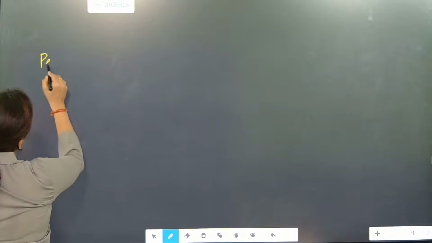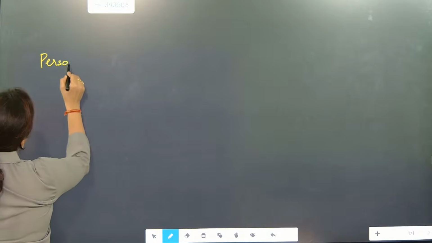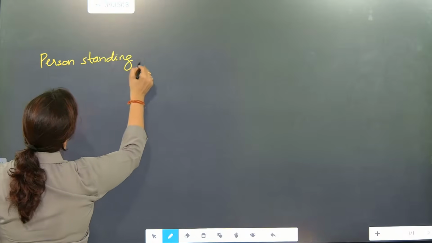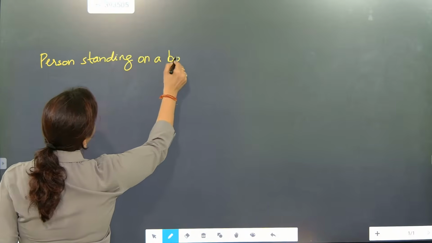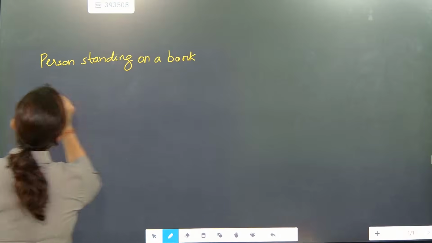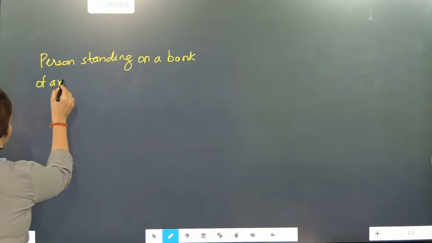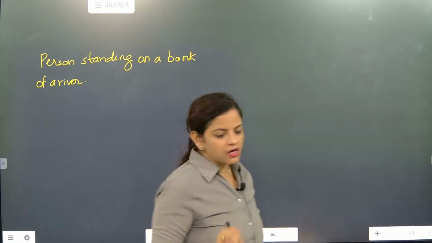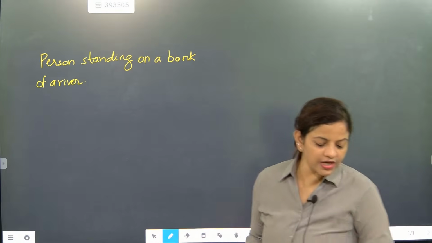A person standing on a bank of a river. So the person is standing where? On the bank of a river. After that, what are they telling?